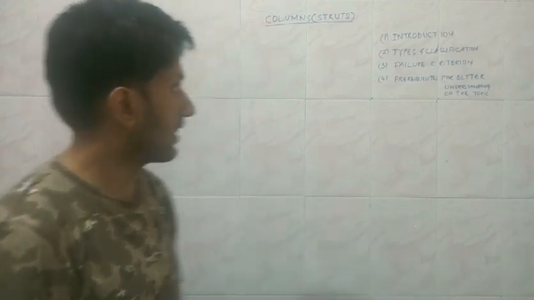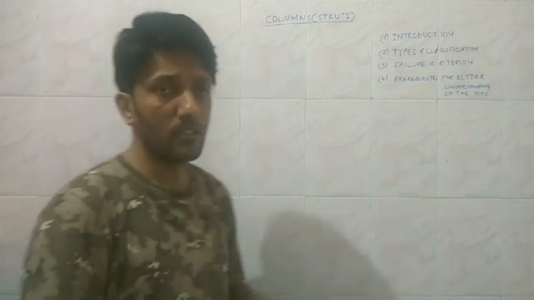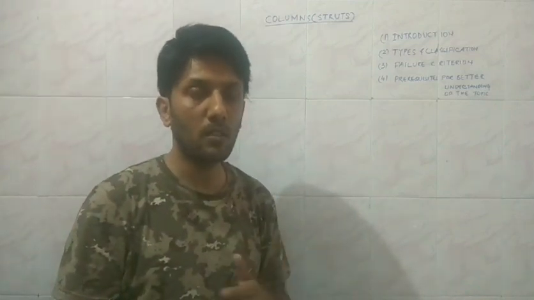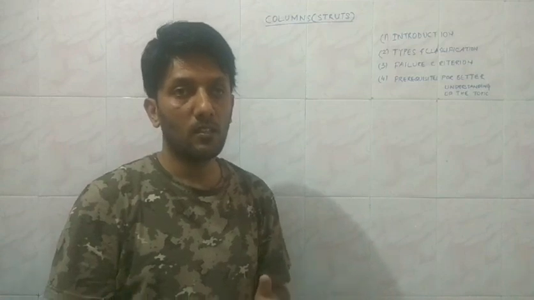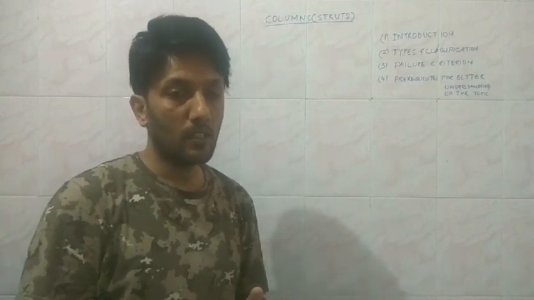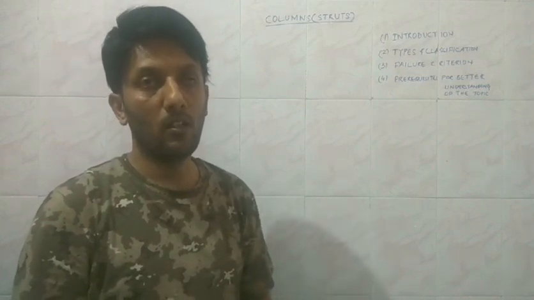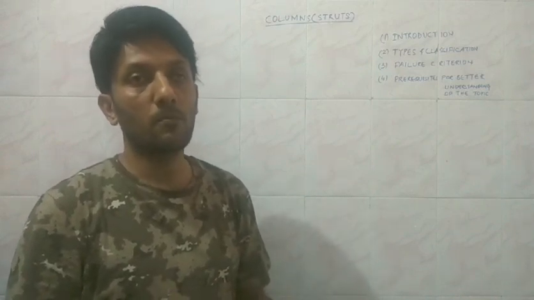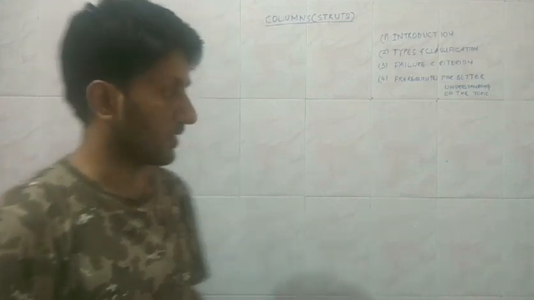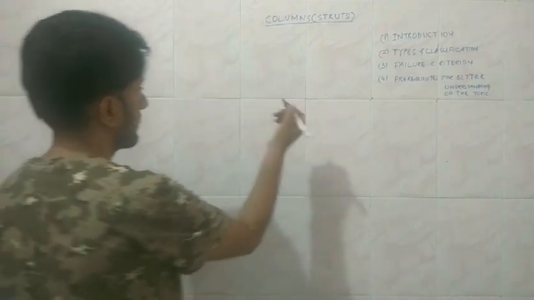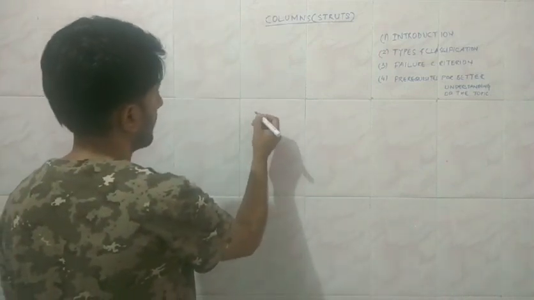In that case, we will take an example. So actually the columns and beams are distinguished basically by the way they are oriented and the way the load is applied to them with respect to the longitudinal axis or the principal axis. So let us take an example of a column.